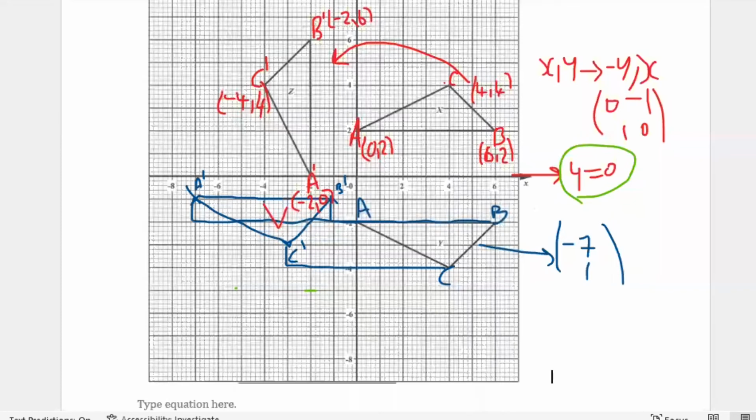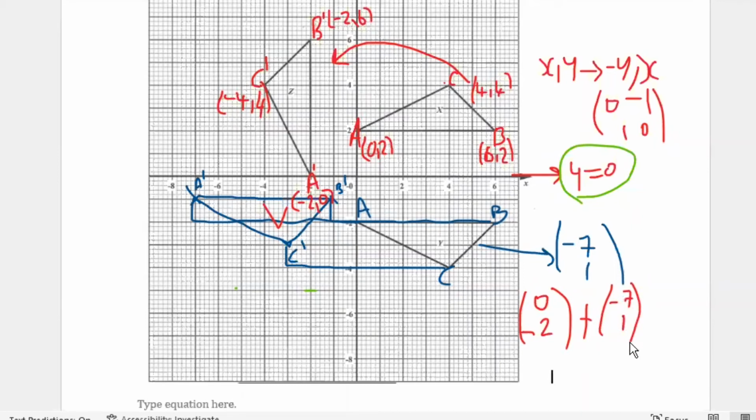Right, so if they didn't give it on a graph, all you're doing is for each point, you will be adding the translation vector to it. For example, let's use one of the points. A here is 0 from the x-axis, -2 from the y. So if you're using the formula, it would be (0, -2) plus the translation vector, which is (-7, 1).